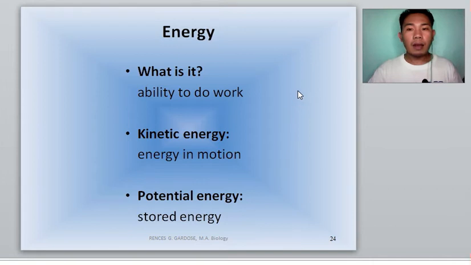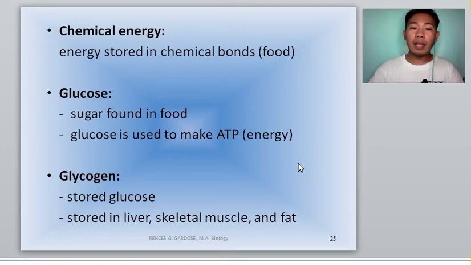Simple words that we need to define: energy. Energy is the ability to do work. And we have kinetic energy, which is energy in motion, and potential energy, which is stored energy. Chemical energy, on the other hand, is energy stored in chemical bonds, particularly in food.